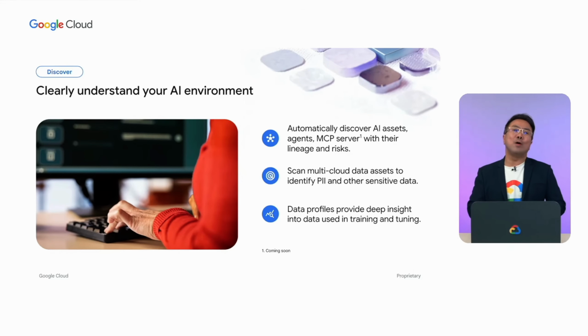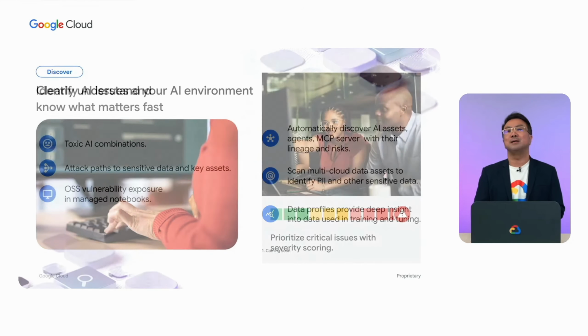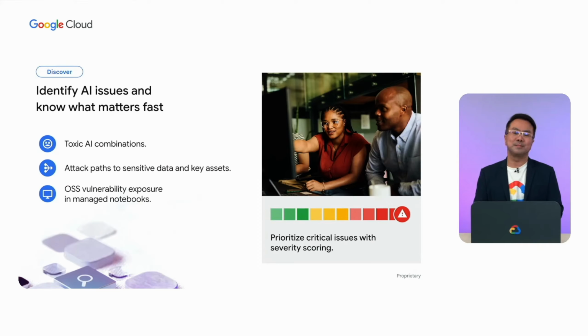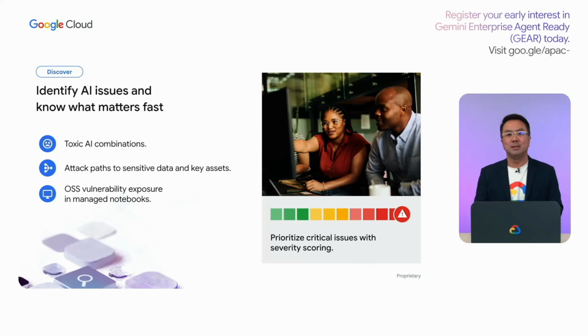Now that you know where all your assets are sitting, let's understand the associated risk that is being identified. Within SCC, Security Command Center, there's a capability called toxic combinations. If I put it in layman's terms, for example, if I leave my front door unlocked, and I've decided to post on my social media saying that I'm on vacation, and you start leaving expensive jewelry or money on the table.